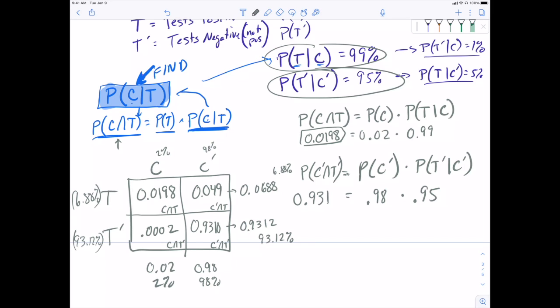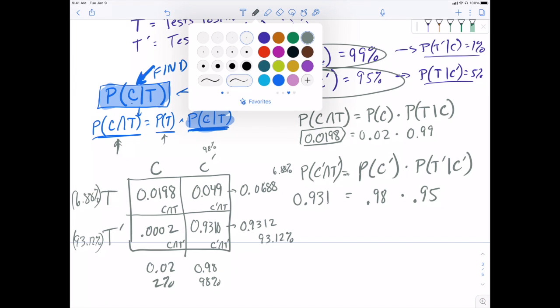So now we can answer our question, because remember, we're looking for this piece, and now we know this piece and this piece. So let's write that down and solve the problem. Let's do it in a different color.